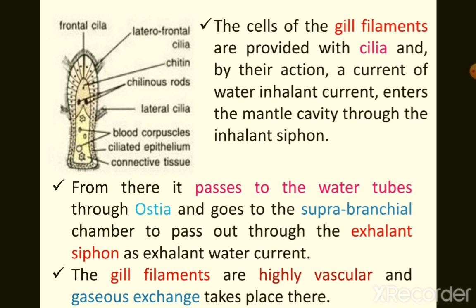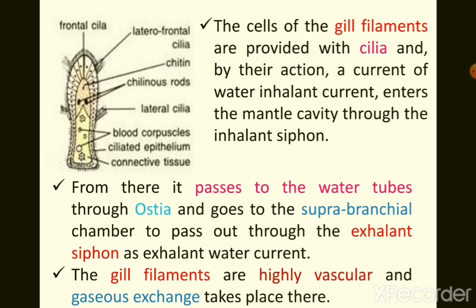On the sides of the filament you see lateral cilia, laterofrontal cilia and the frontal cilia. It is this lateral cilia which encounters the inhalent current, and then it is the laterofrontal cilia which separates the larger food particles, and only the finer food particles are pushed forward, and the beating of the frontal cilia further pushes the food into the food groove.